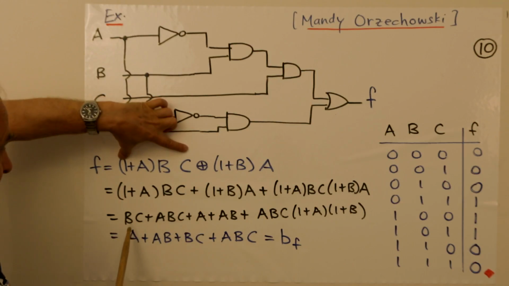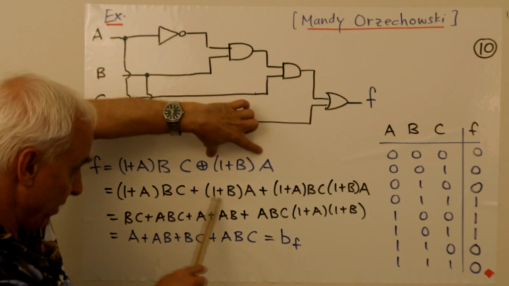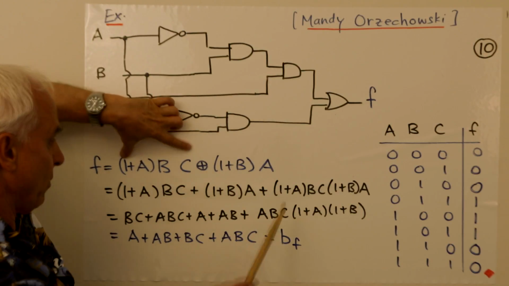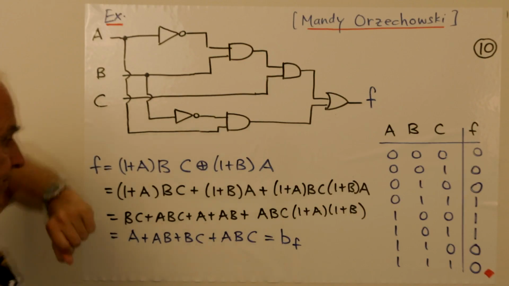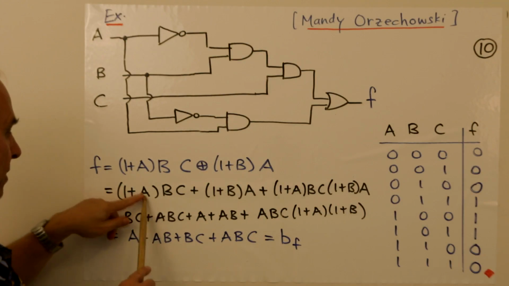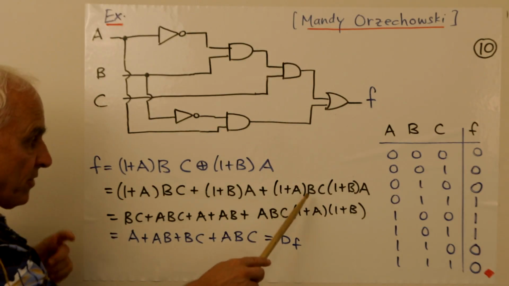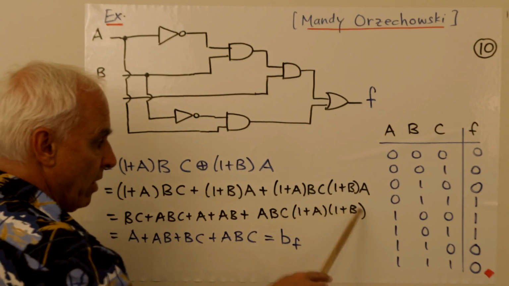So we have to take this, 1 plus a times b times c. We have to add 1 plus b times a. And we also have to add the product of these, which is 1 plus a b c there and 1 plus b a there. Okay, we expand. We get bc plus abc plus ab. And then there's a common factor of abc multiplied by 1 plus a, 1 plus b.